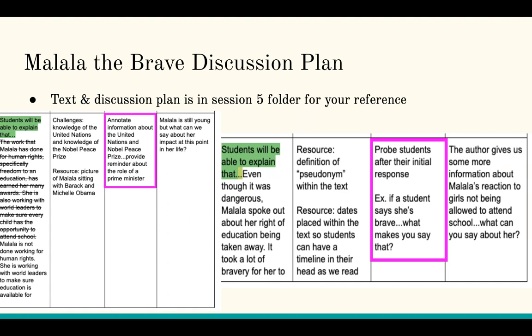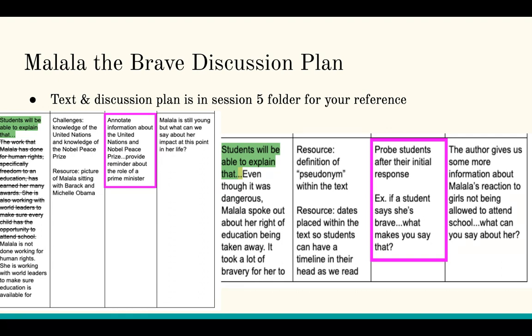And I knew this was something that my students did not have background knowledge on. So I planned for my teacher move, highlighted there in purple, that I was going to need to annotate information about the United Nations and the Nobel Peace Prize so that they would understand that part of the text a little more.